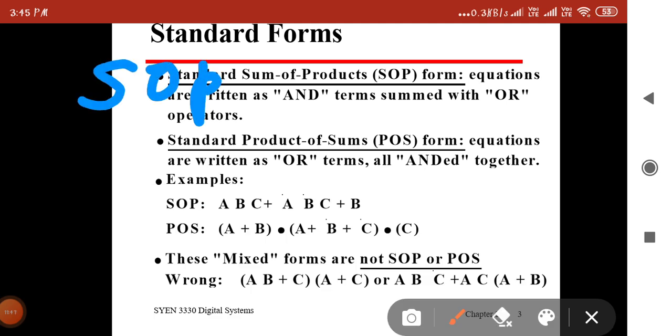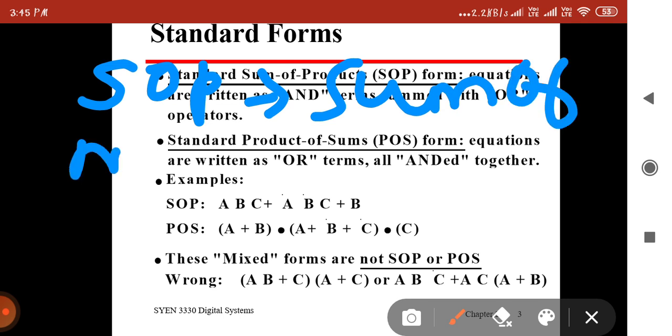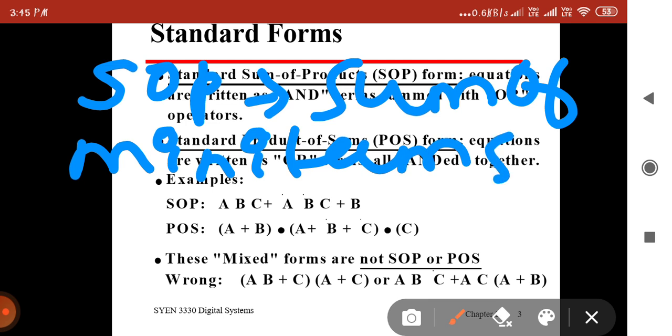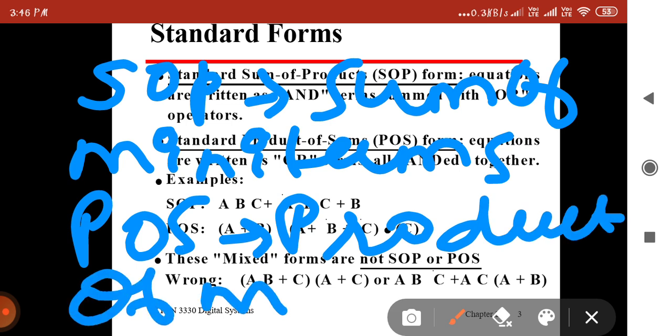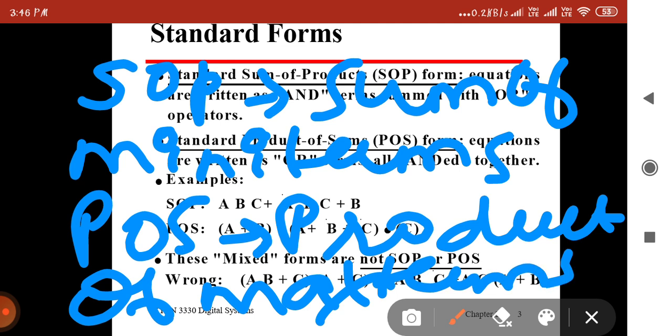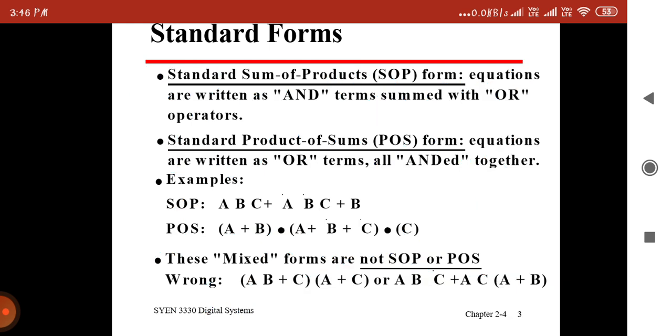SOP is a sum of min terms. POS is a product of max terms. Product of max terms can be called a POS. Yes, can be seen.